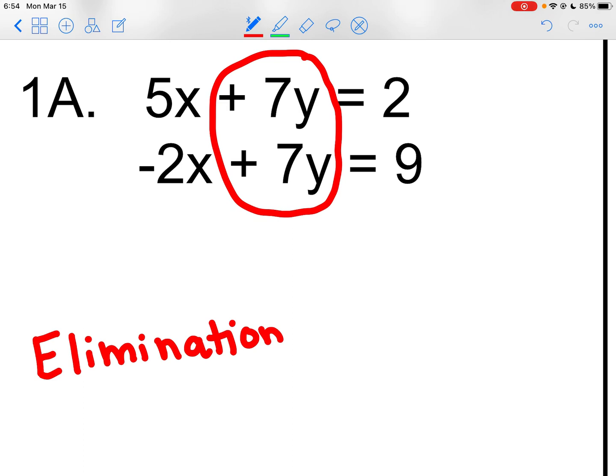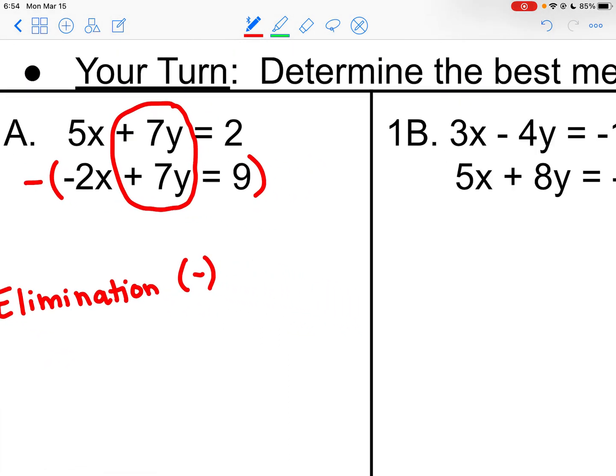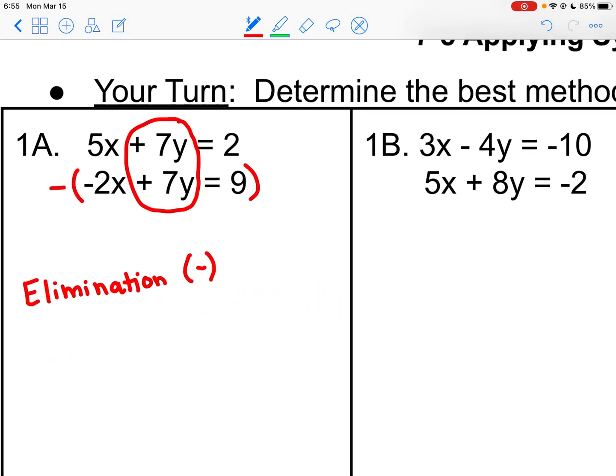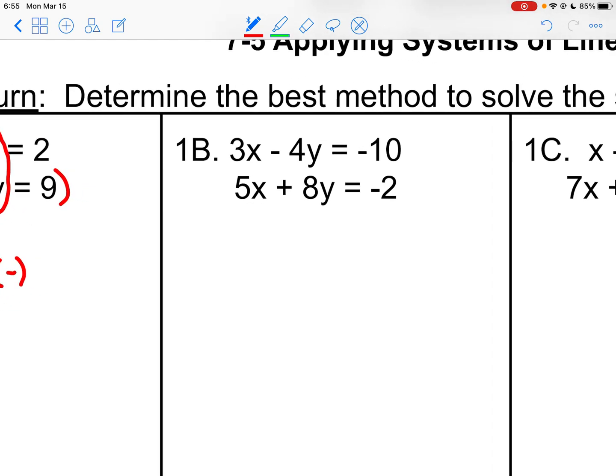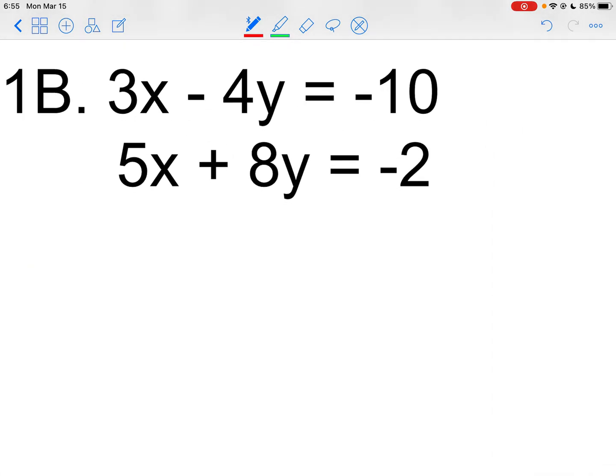So since these have the same sign, they're both positive, the way that I would cancel them out is with subtraction. So I'm going to subtract everything on this bottom from everything at the top. So this is elimination with subtraction. I'm not going to go through it to solve it, but you would use elimination with subtraction. That would get you there the fastest.